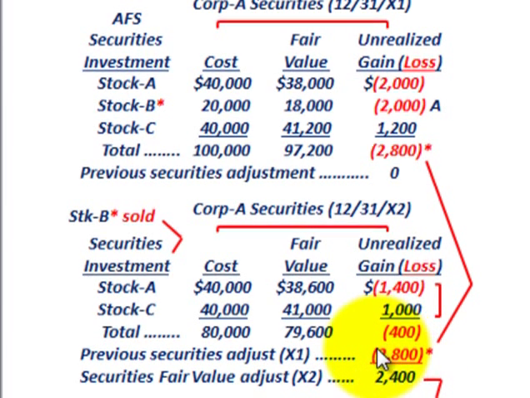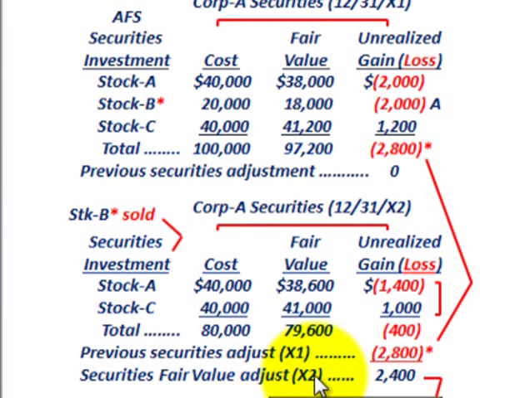Now this is the case where you have to make a securities fair value adjustment for the end of year X2, and that's going to be $2,400. This is how we go about doing that. We take whatever we had in our previous adjustments, in this case the $2,800 loss, bring it down and figure it into our current year.